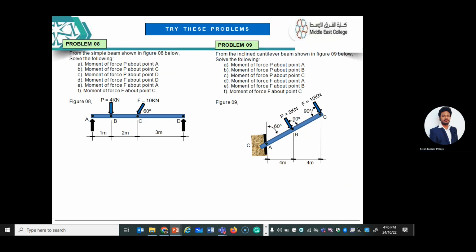How much do you get? Is it clear? Next, moment of P about C. Isn't it? Where is C? Here. So what is Px? 0 minus how much? 4. What is the distance? 2 meters. Isn't it?